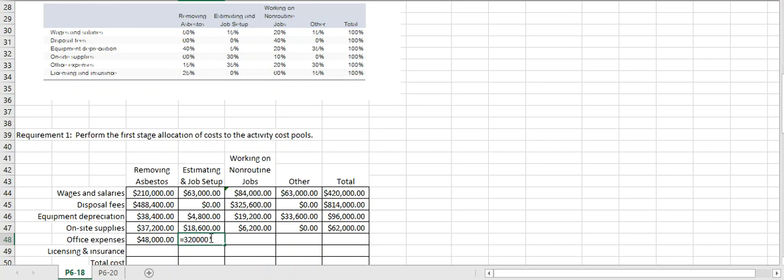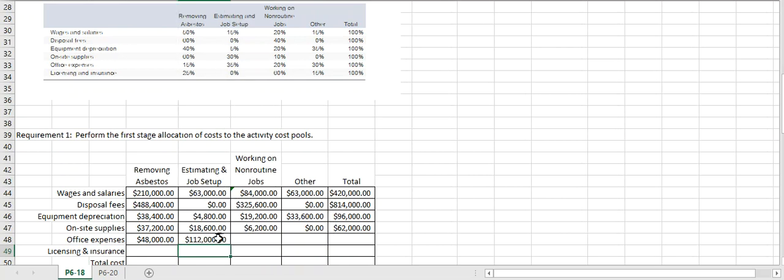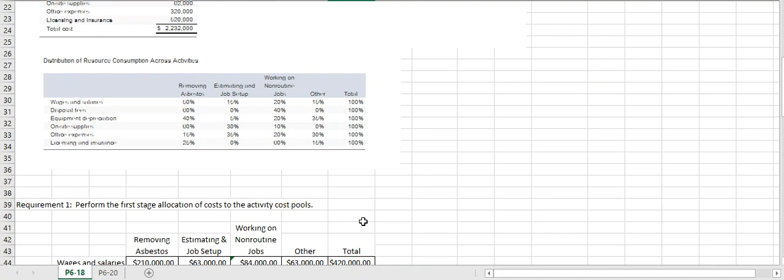Oops, I left my decimal out. And for non-routine, 20%. And for other, 30%. And let's add those across. Still should be the total of our expenses, which was $320,000.